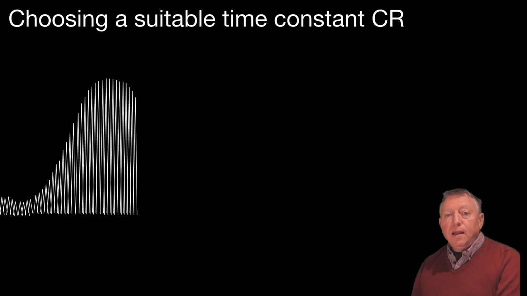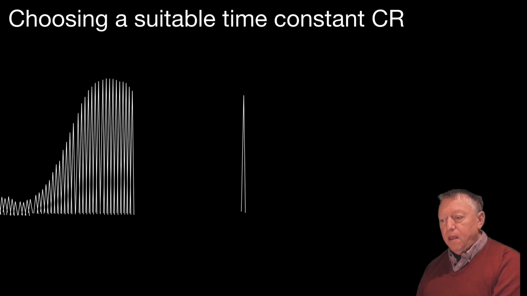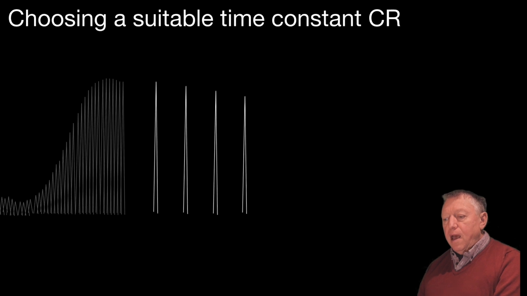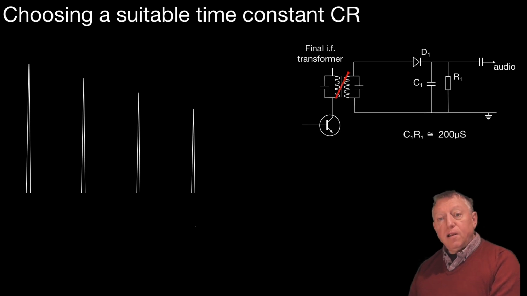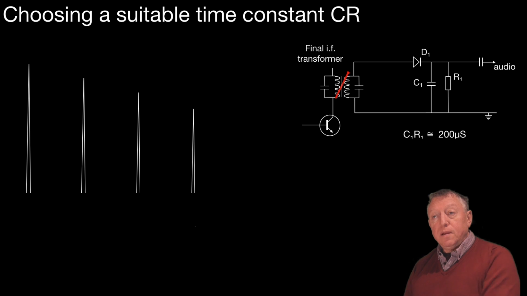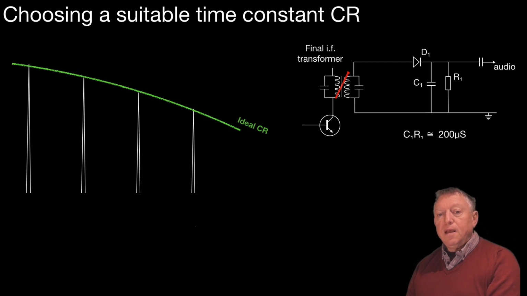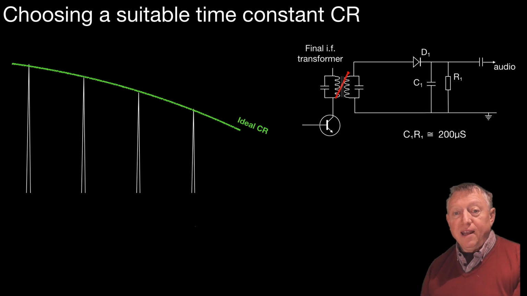So if we zoom in and have a look at the last 4 spikes or half cycles of our envelope, and we examine these in a bit of detail in the context of our detector circuit, which is up there on the right. If we choose our time constant ideally, then the output signal, the audio, will exactly track the peaks of our envelope. And then we'll have zero distortion, at least from what we had in to that circuit.